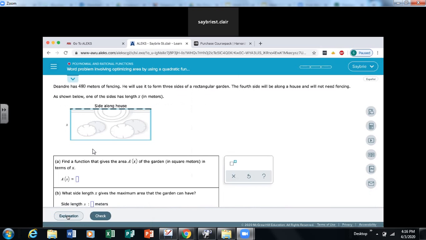Okay, so this one's a little easier. So it's x plus that unknown z. So x plus the unknown, I'm going to call it y, equals 480.